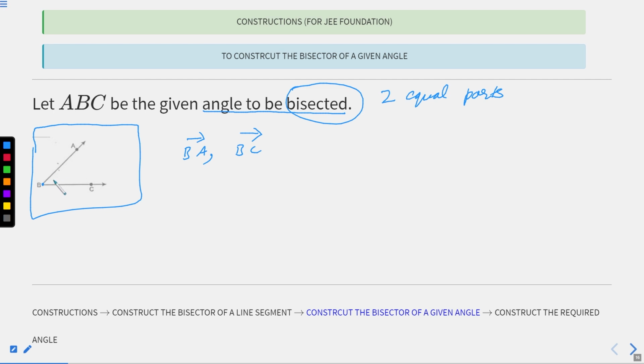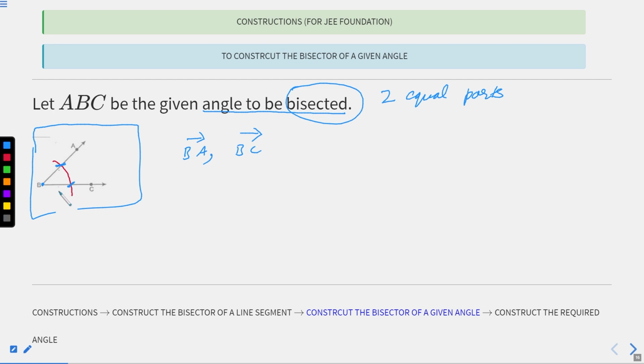Now what we will do is put our compass, take B as our center, and take half of the length of BC. After taking half of the length of BC, mark a small arc like this, and this arc will cut BC at this point.